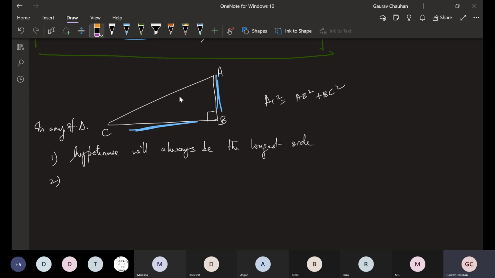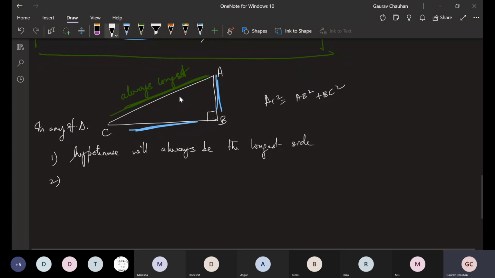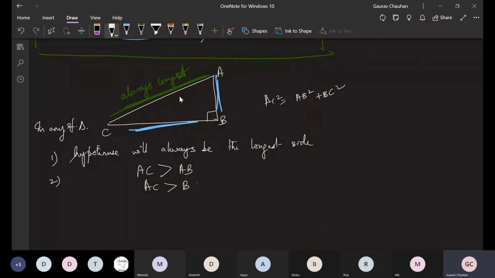We all know that this side AC is always longest. What does this mean? This means that AC is bigger than AB also, AC is bigger than BC also. But can you say anything like this for AB and BC?